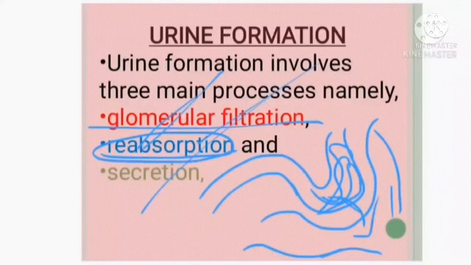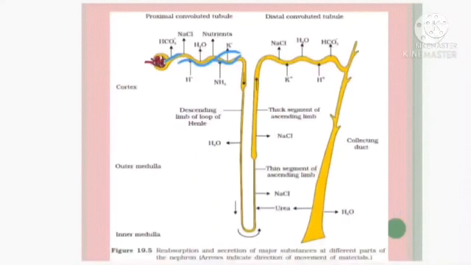Moving on to tubular secretion, in spite of reabsorption, the proximal convoluted tubule, Henle's loop and distal convoluted tubule secrete something and put it into the filtrate. What they are secreting: K plus ion is secreted, H plus ion is secreted, NH3 is secreted.